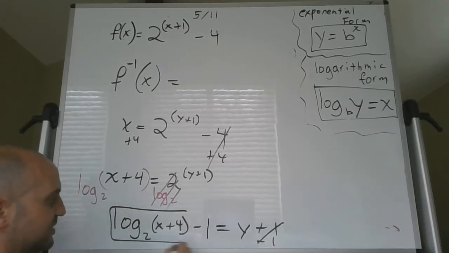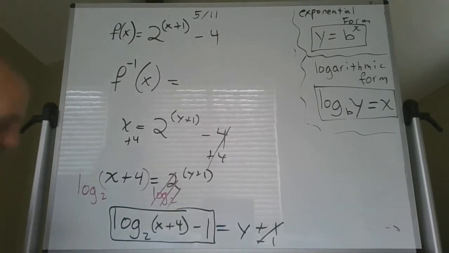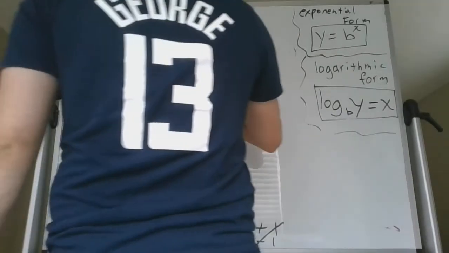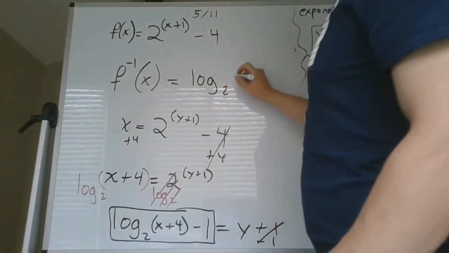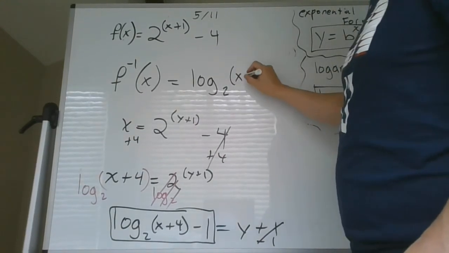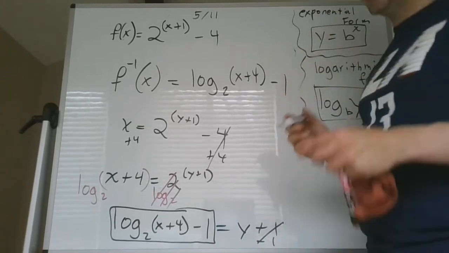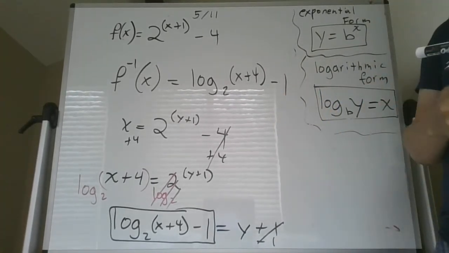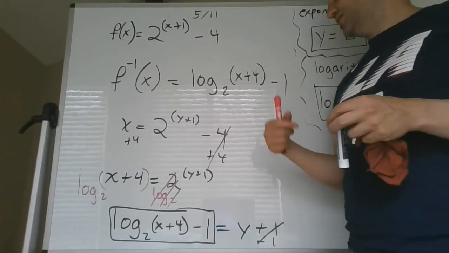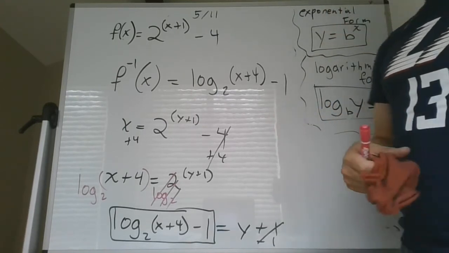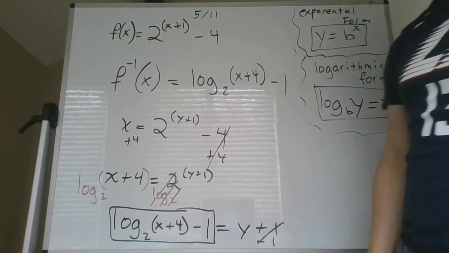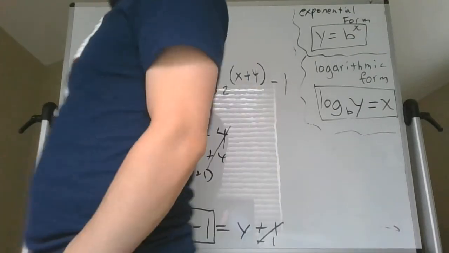And that is our inverse. We just found it. It is log base 2 of x plus 4 minus 1. Whew! It's pretty heavy. Seems like a lot.